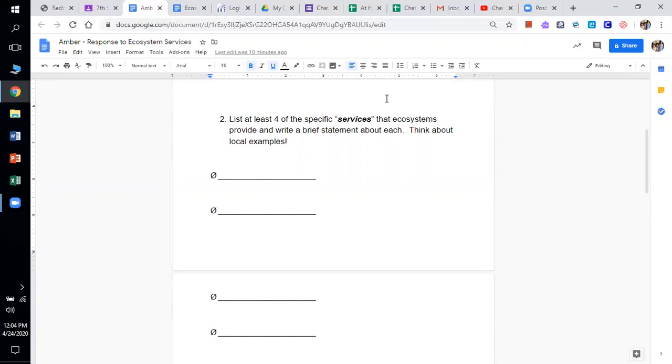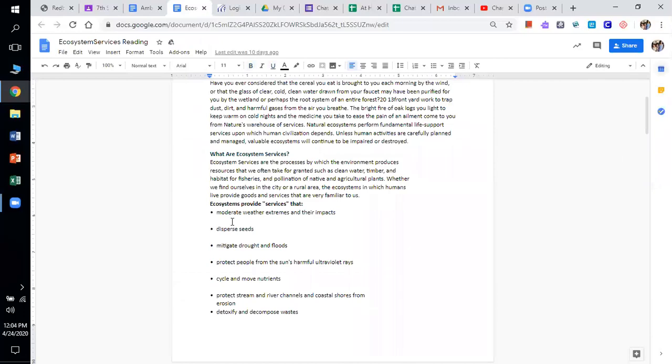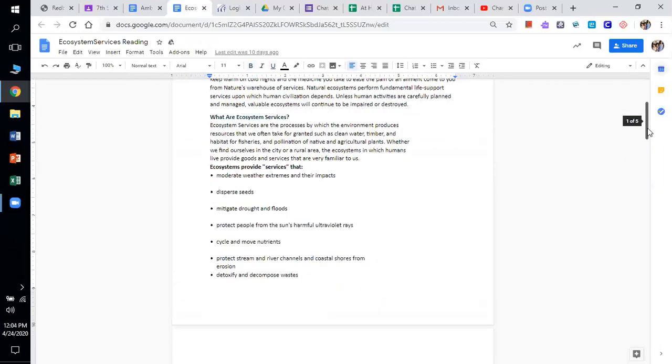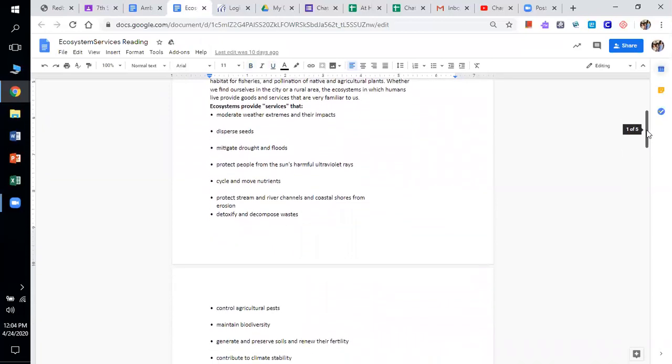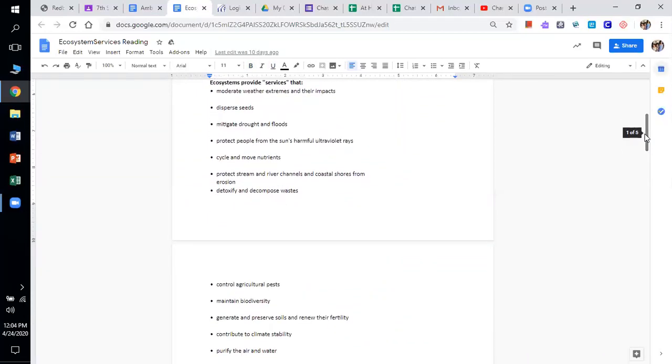Okay, whoops, I don't want this up here. So here is a list of ecosystem services that are provided. Think about Alton and what is in Alton that an ecosystem might provide to the Alton area or the St. Louis metro area.